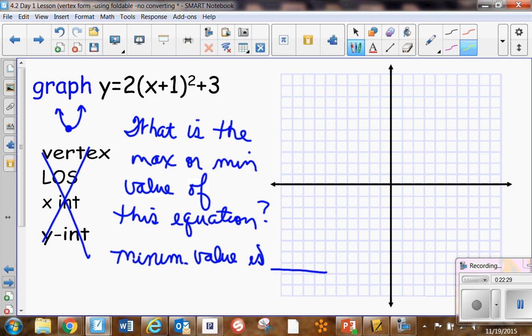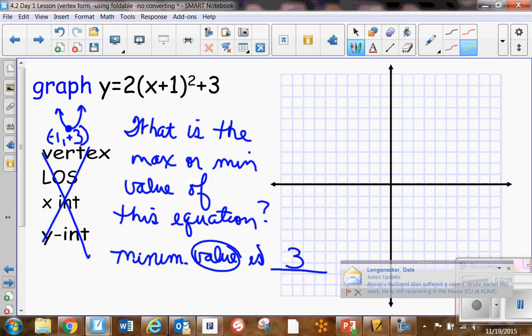It's staring at you in the face. The vertex itself is going to be (negative 1, 3), opposite exact. But since I want the value, I want what's coming out. So the minimum value is going to be 3. Be careful: if the instructions say to find the minimum or maximum value, you're only looking at the output. Don't forget that.